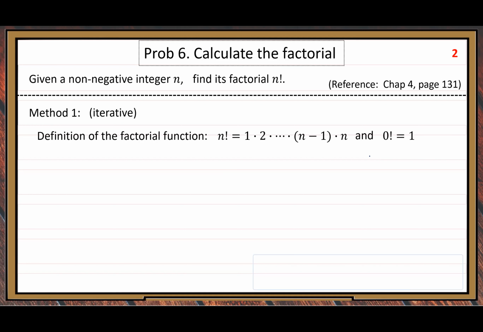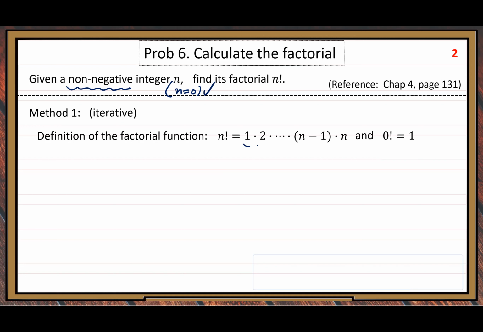And here, remember, in our given question, we say non-negative integer n. That means n is allowed to be 0. This case is included. But what is the 0 factorial?